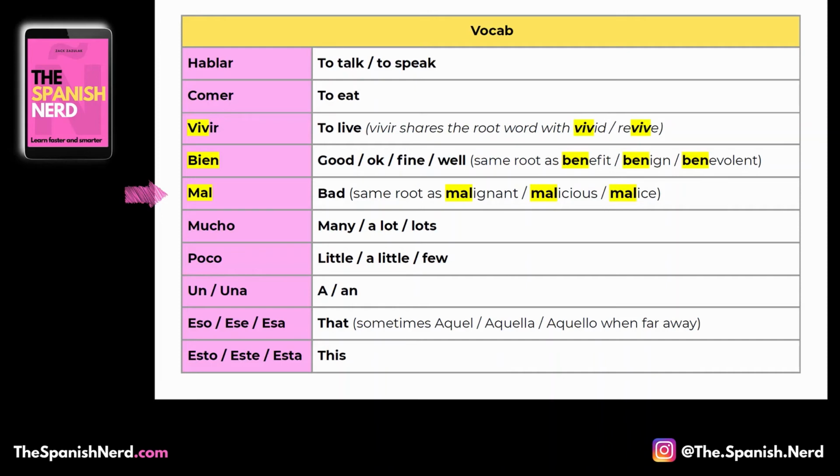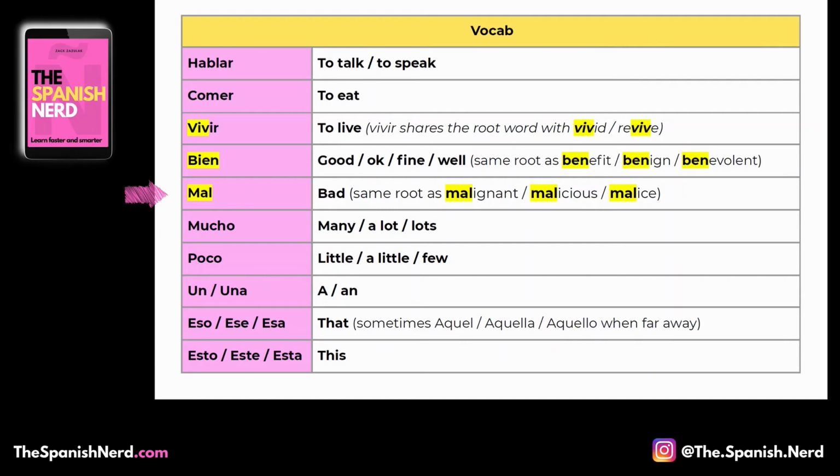The entire Spanish word is in words that we already know, and look at that. They're very similar, because what does malignant, malicious, and malice all have in common? Something bad. If it's malignant, it's not good. If it's malicious, it's not good. If it's malice, it's not good. These are not the only ones. There's other ones. Malpractice. You could probably find even more, but three is plenty good enough for the examples here.